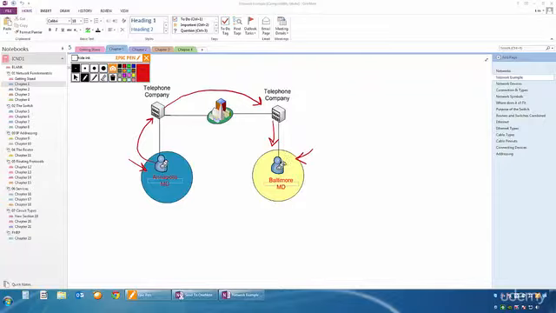And as soon as he picks up that phone, he pretty much completes the communication. That's a good way of saying it. He completes the communication, and now they're able to communicate with each other. Every time he speaks, this person will be able to listen, and vice versa.